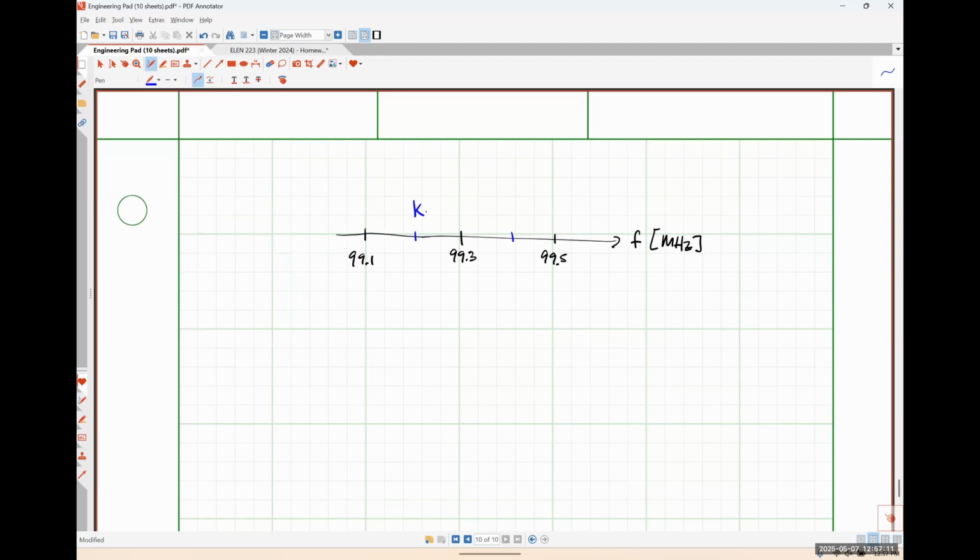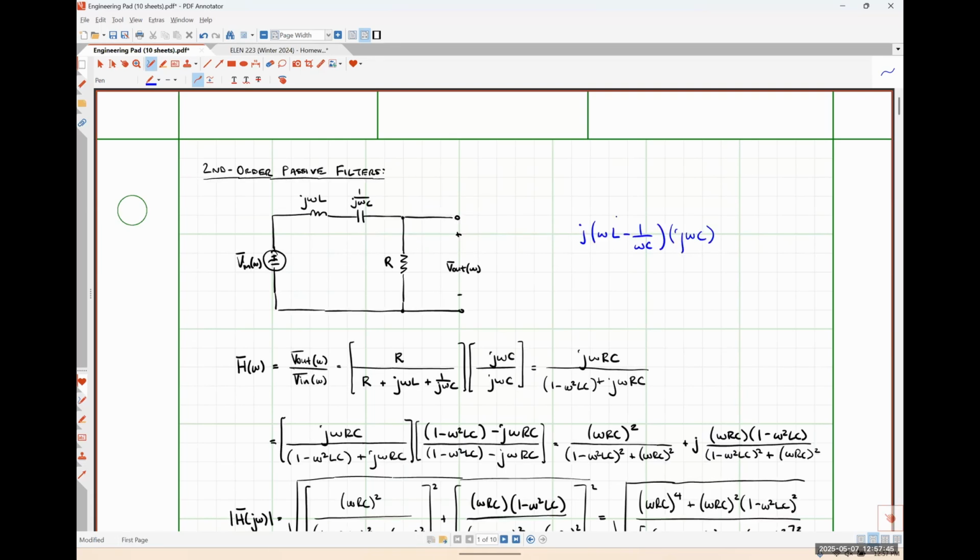So this bandwidth in total ranges from 99.2 to 99.4. So this is 0.2 megahertz or 200 kilohertz. So that's our bandwidth. That's the maximum bandwidth that these stations could have and not interfere with each other.